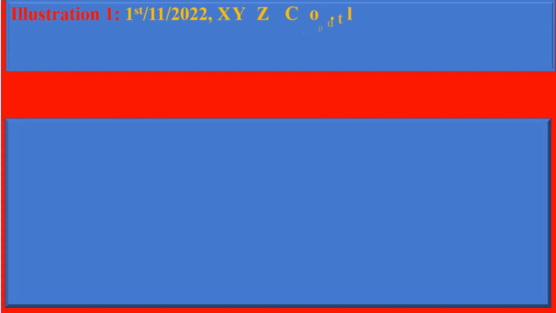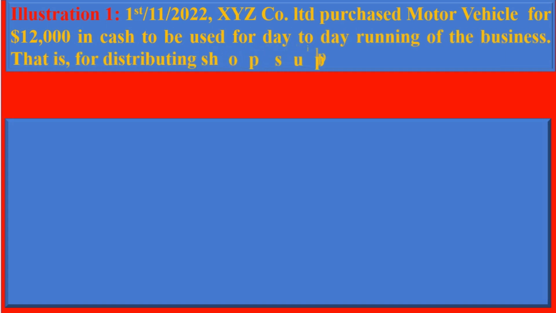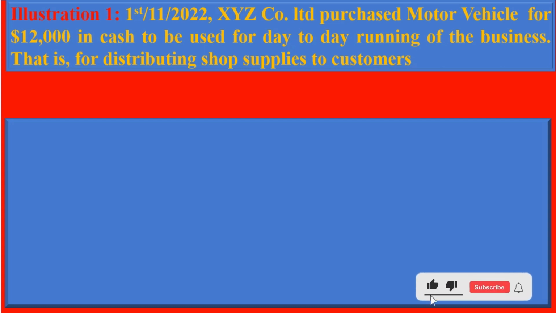Let me take an illustration to demonstrate how a company normally records these non-current assets in their respective ledger account when the company has purchased or acquired that particular asset. I'm looking at XYZ Company, which acquired a motor vehicle on 1st November 2022 on cash basis, amounting to $12,000.